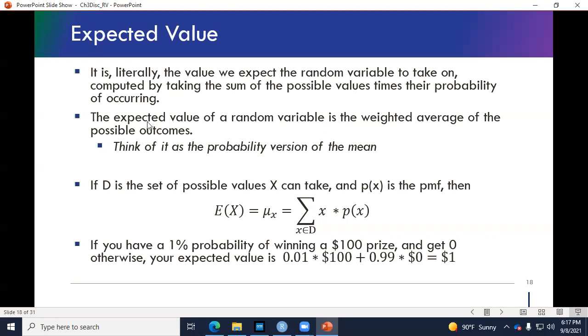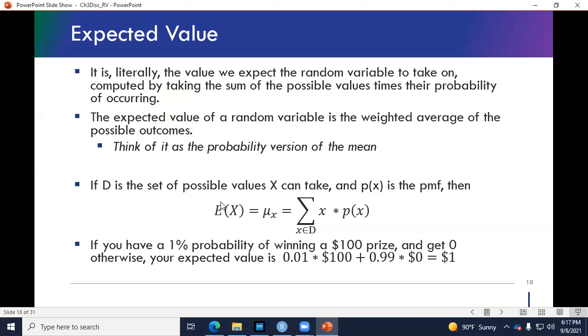Formally defined, the expected value of a random variable is the weighted average of the possible outcomes. Think of it as the probability version of the mean. Weighted average, where each weight is their probability of occurring.